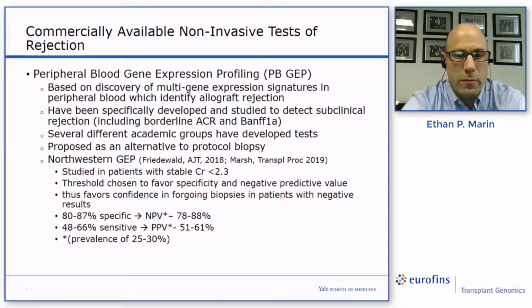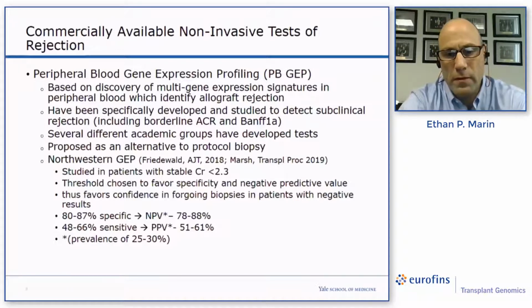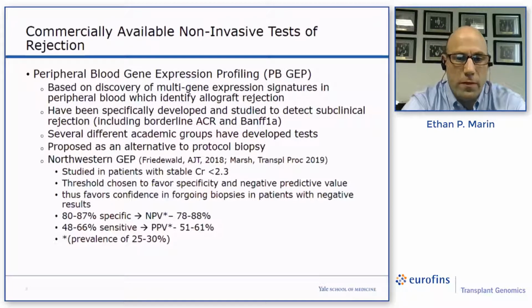And the test characteristics have been developed such that the negative predictive value of the test is designed to be quite high, 80 to 90%, although the positive predictive value of the test is only about 50 to 60%, depending on the prevalence of rejection in that population.